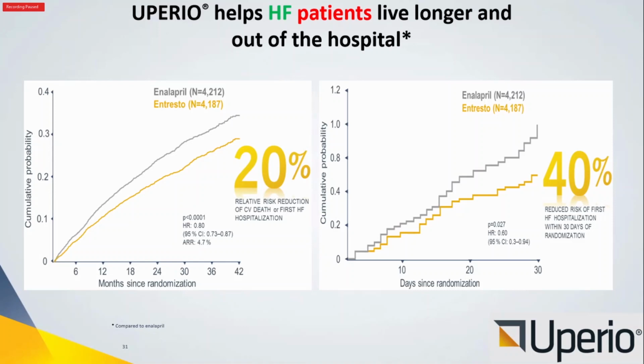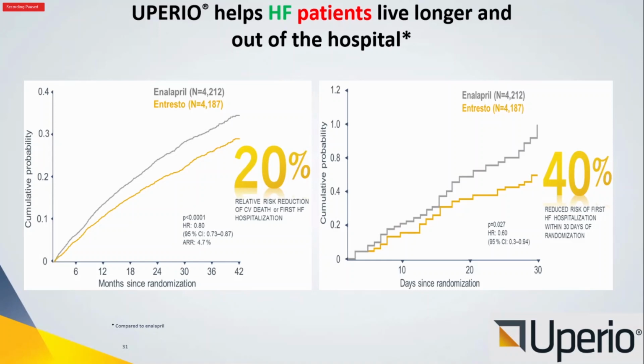That is very significant, and this occurred within just about 3 years of use of the drug. And the risk of first heart failure hospitalization was reduced by 40%. So this is a game-changing drug that is able to reduce patients' morbidity and give them new life, so that they can have hope that heart failure is no longer a terminal condition.